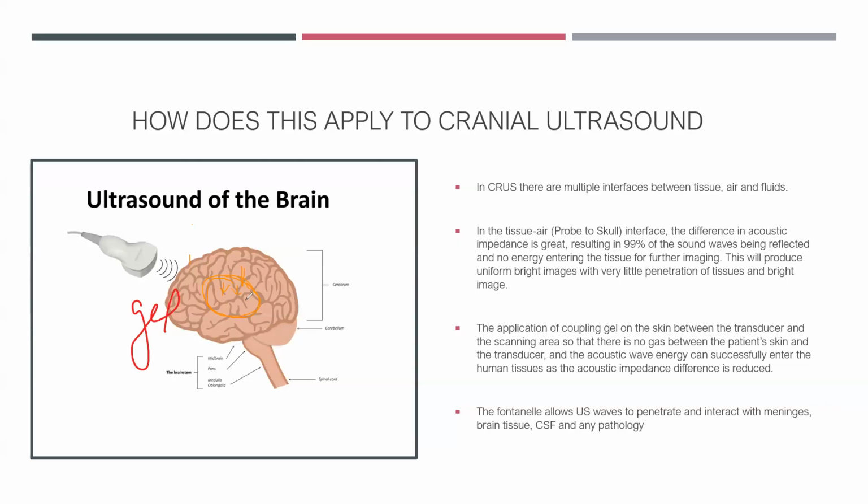There'll be no difference in acoustic impedance here and here, so these sound waves will go through. They will reflect off the distal or lower area of the ventricular system that you see when you do the sagittal views, so you'll be able to get good images of those systems. But the fluid itself, the CSF, will appear dark unless there's blood in it.